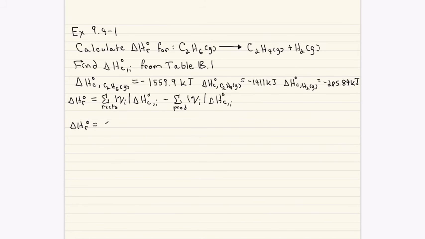What we have is 1 mole of the ethane gas. And so we're going to multiply this 1 by the enthalpy of combustion. Alright, and from that we're going to subtract off the sum of the products. So on the product side we form 1 mole of the ethylene, and so we're going to multiply its enthalpy of combustion, and we add on 1 mole of the H2 gas's enthalpy of combustion.